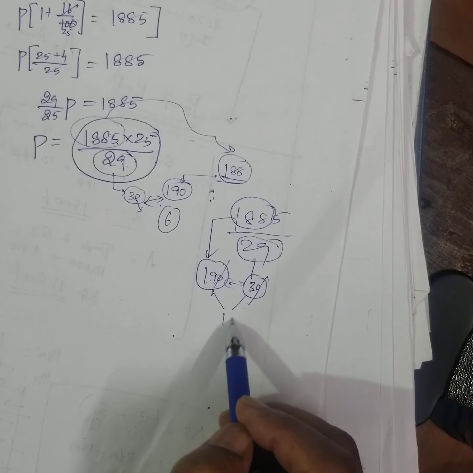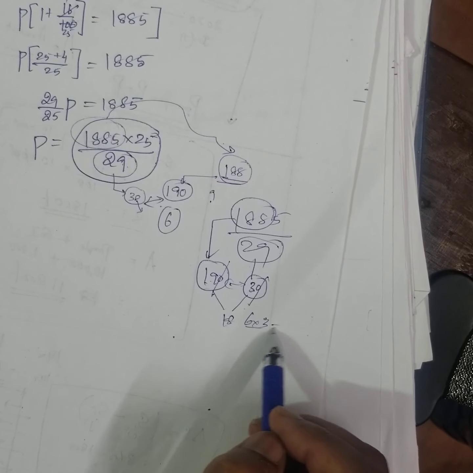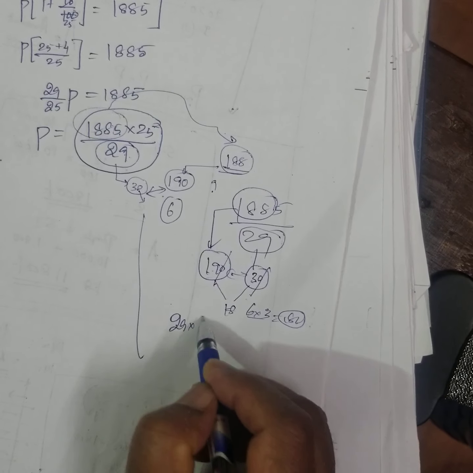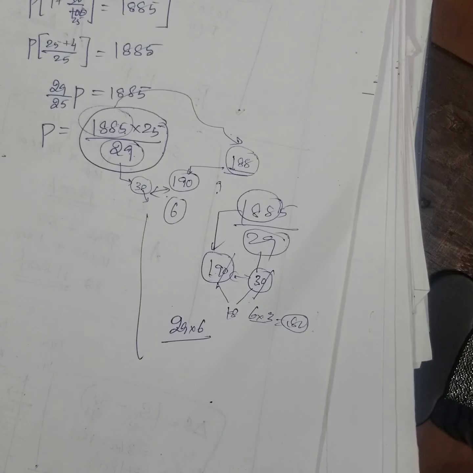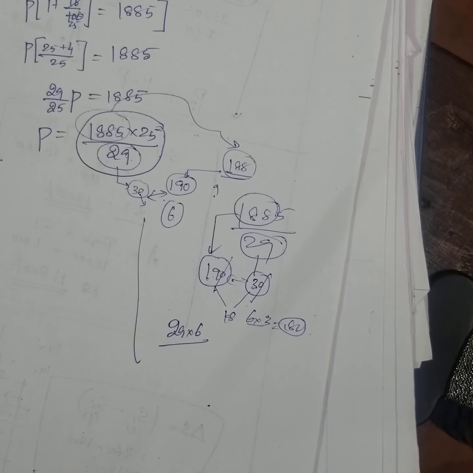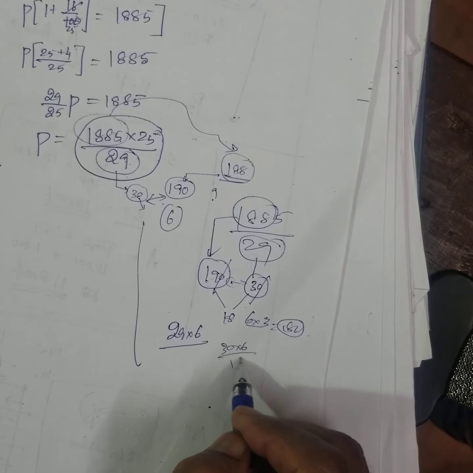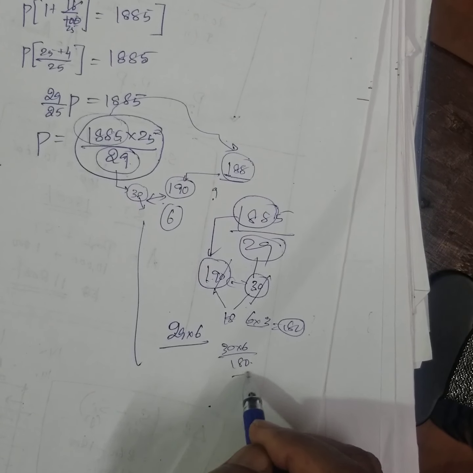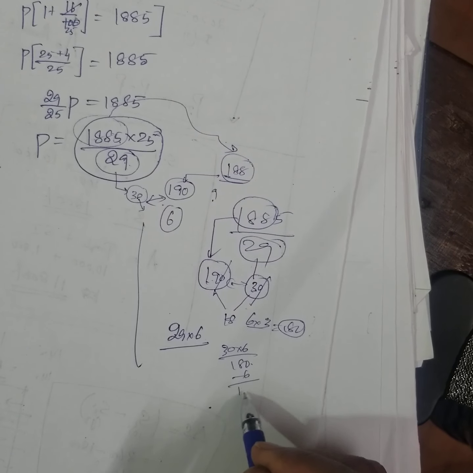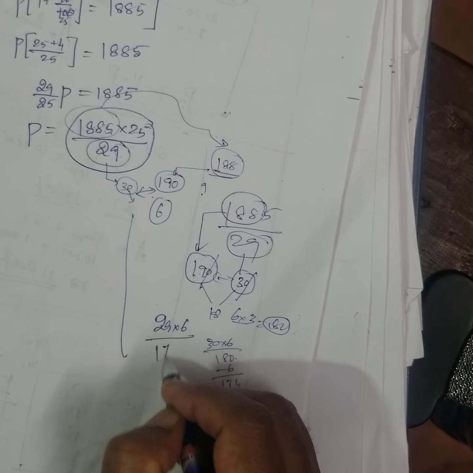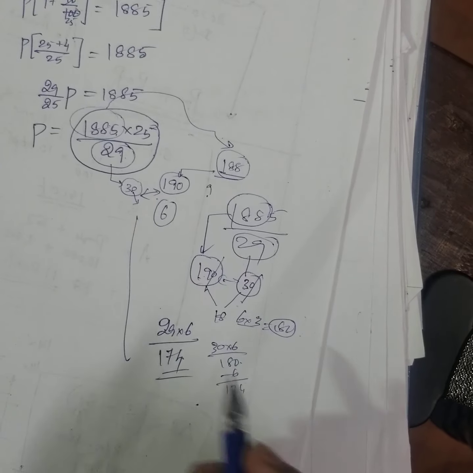That means 6 threes are 18, is it not? Therefore, what you can do is 29 into 6. That means 30 into 6 is 180. If you subtract 6, what will you get? 174. Therefore, 29 into 6 is 174. You understood?